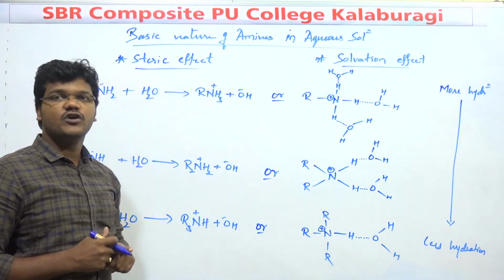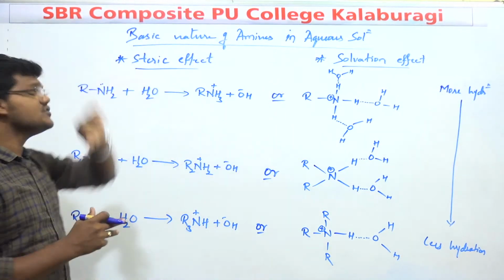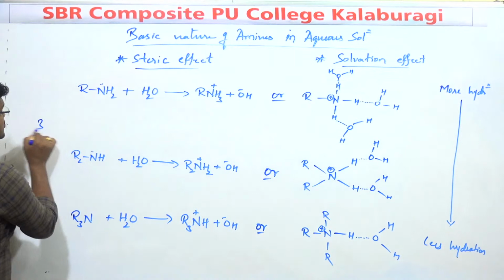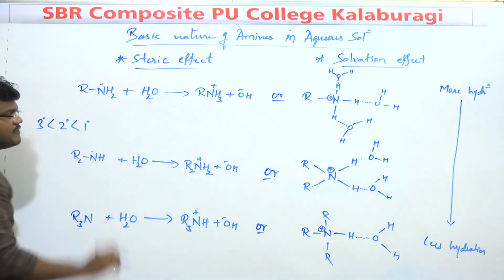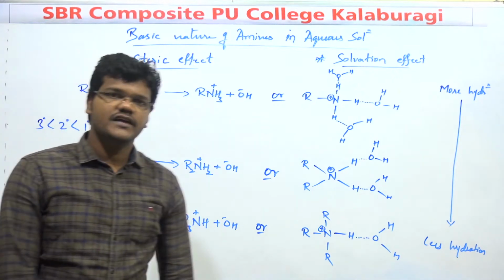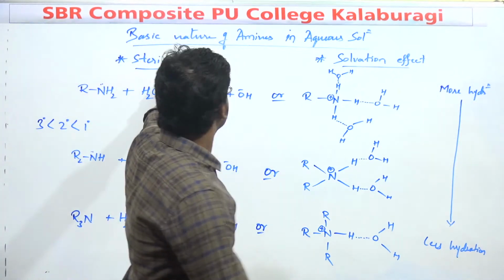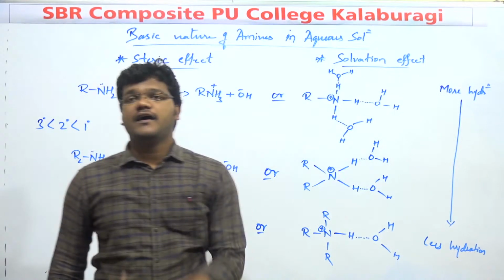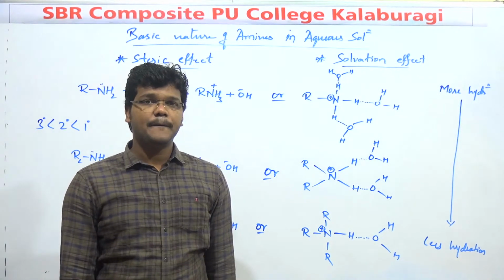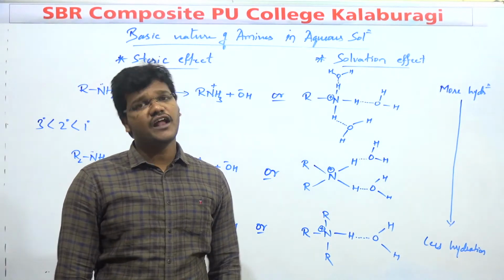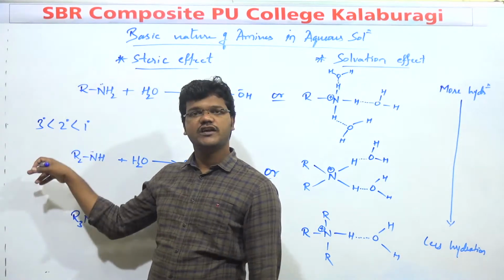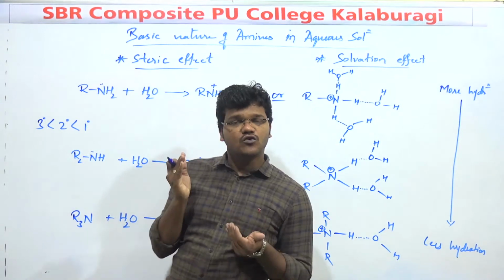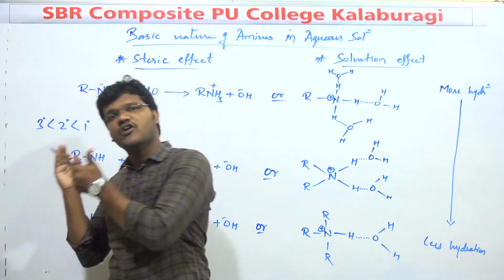So tertiary is least, then secondary, followed by primary. By using these two effects, in both cases the order is tertiary, secondary, primary. Primary is more basic than secondary, followed by tertiary.